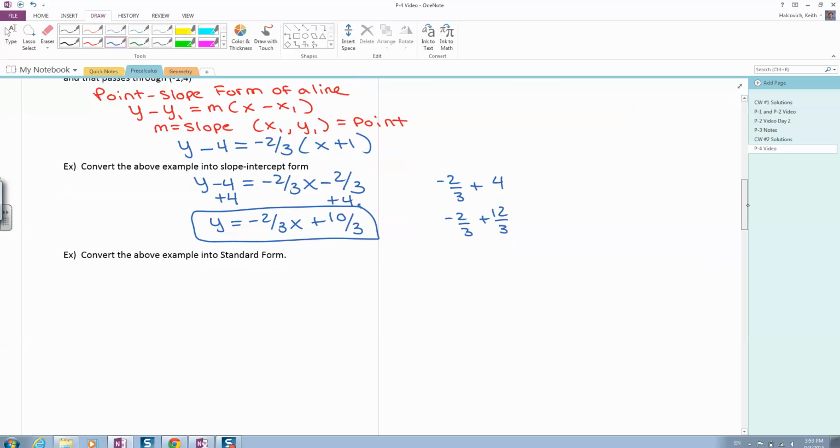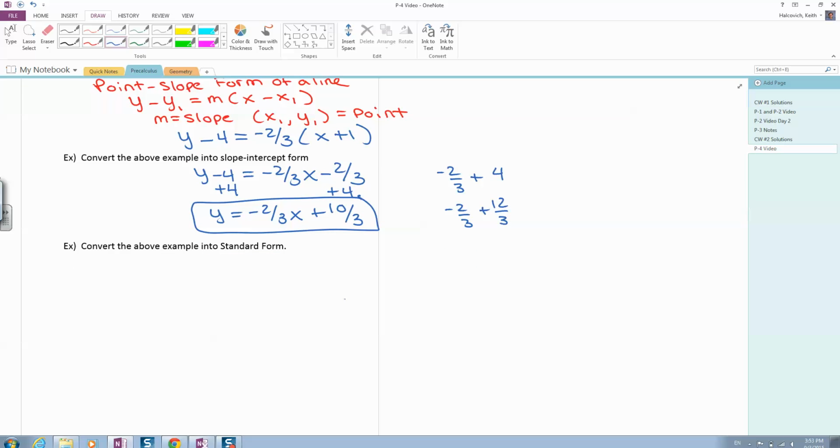If you want it in standard form, that is where you have ax plus by equals c, and a, b, and c are integers, which means no fractions. So basically you're going to have to multiply to get rid of the fractions.